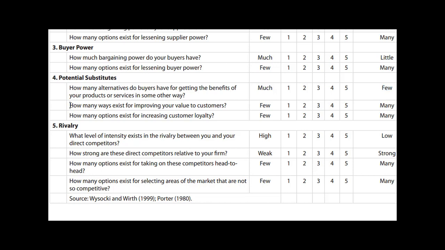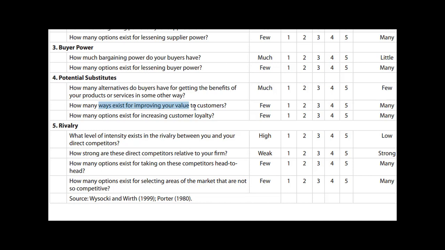Next question is, how many ways exist for improving your value to the customers? If they are very few, then it's a threat. But if there are many ways to improve your value to the customers, that is a potential opportunity for the company.